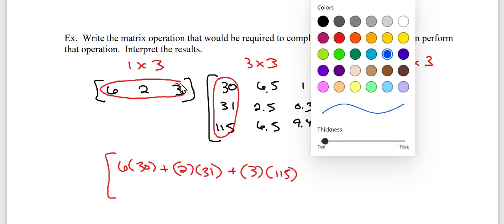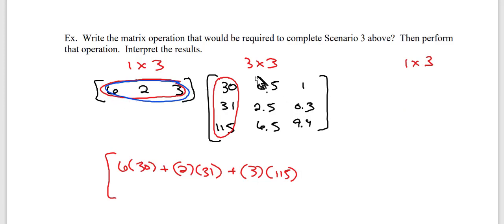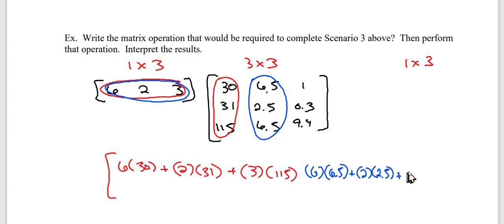Then we do that same row by this column, first row, second column: 6 times 6.5 plus 2 times 2.5 plus 3 times 6.5.